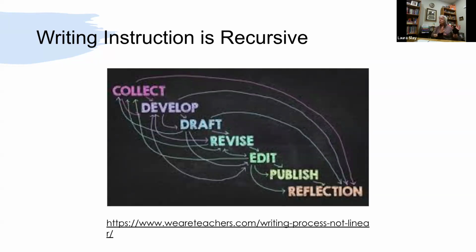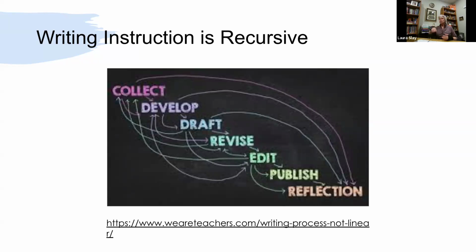Editing gets closer to publishing when you're cleaning it up and making corrections that are more mechanical. And then at the end, you reflect on what did I do? How well did it go? Do I want to keep this piece? Do I want to set a new writing goal? Or do I want to start a new piece? So you can see all these many arrows take you in and out of the writing process because, although it's written in a line, we go in and out of these different stages.